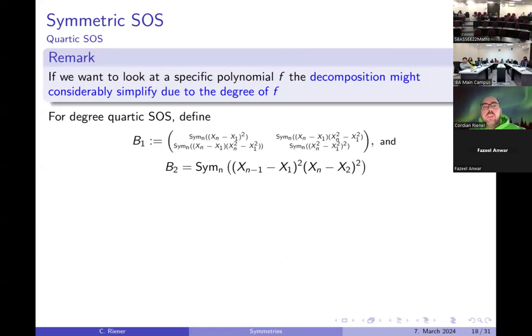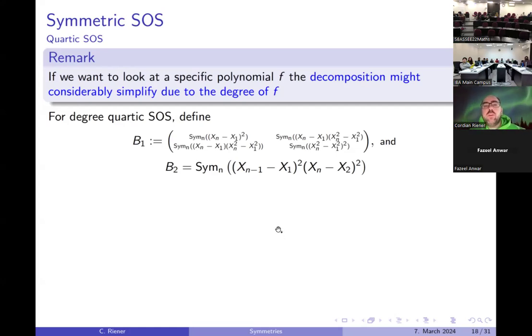In the quartic case, if I have a polynomial in a general number of variables that is of degree 4, and I want to write it as a sum of squares, we know it is a sum of squares of quadratic forms. It's quartic, so it's of degree 4, and everything that I square has to be of degree 2, otherwise I don't arrive at quartic homogeneous polynomials.